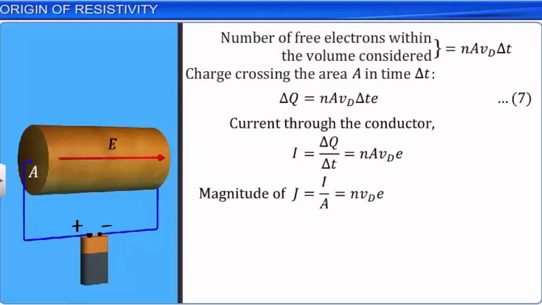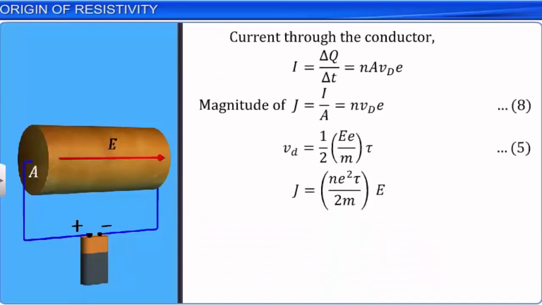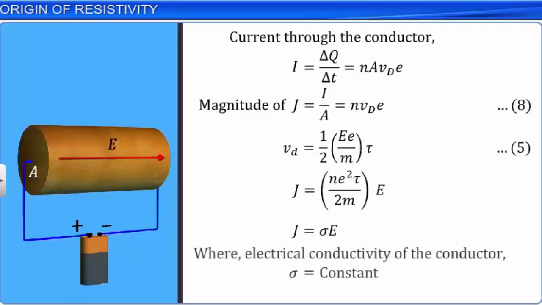Substituting the value of Vd from equation 5 in equation 8 and simplifying, we get the magnitude of current density, J is equal to n e square tau by 2m into E. The magnitude of current density, J, is also written as equal to sigma into E, where sigma is a constant called electrical conductivity of the conductor, which depends on the nature of the material of the conductor and its temperature.